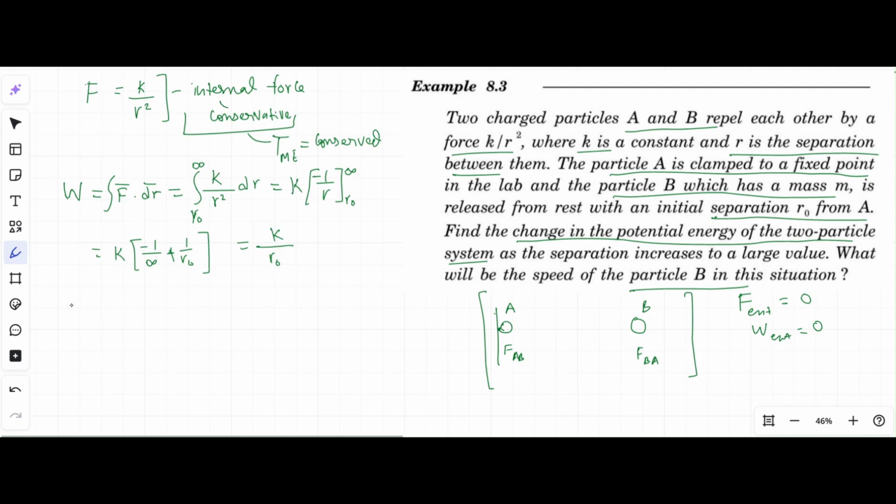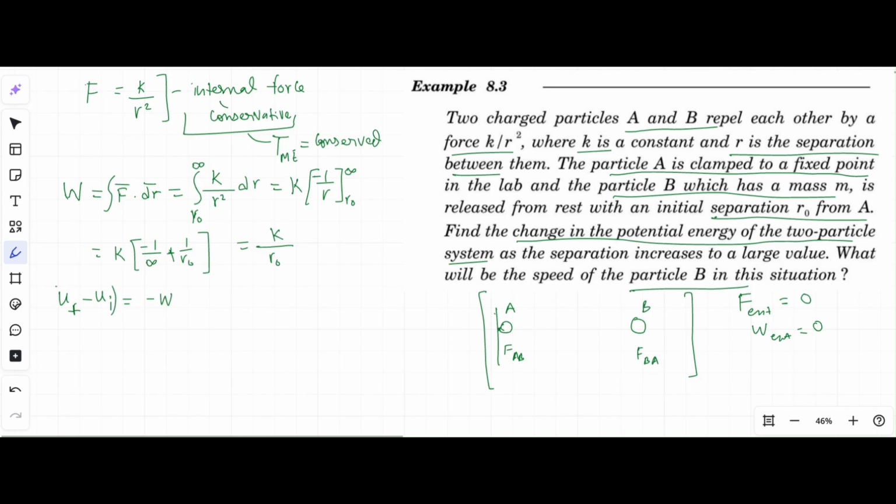Now, what will be the change in potential energy? Now we are coming to the second concept, what has been asked. First we calculated the work done by that force. Now we will see what is the change in potential energy due to that work done. So we know that change in potential energy is defined as UF minus UI equals minus of work done.